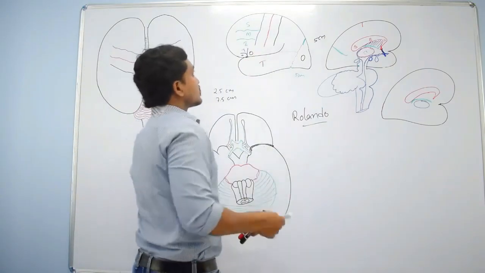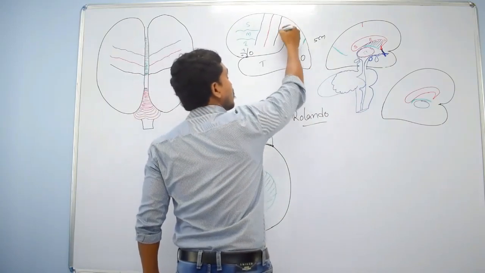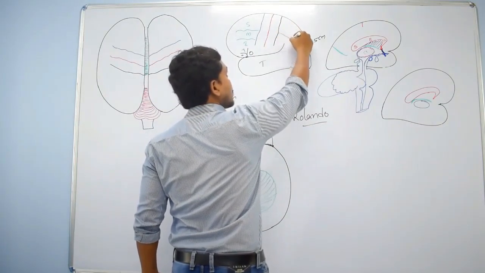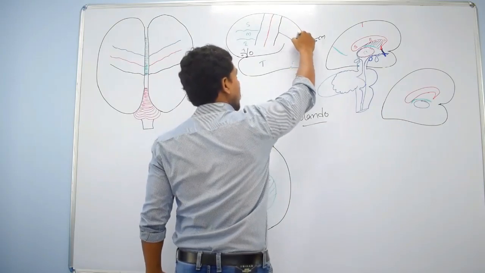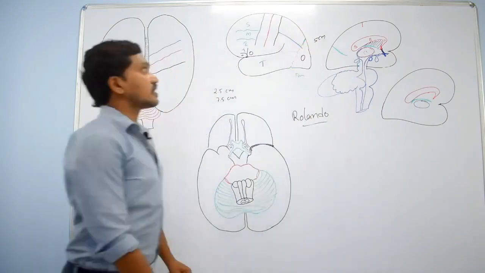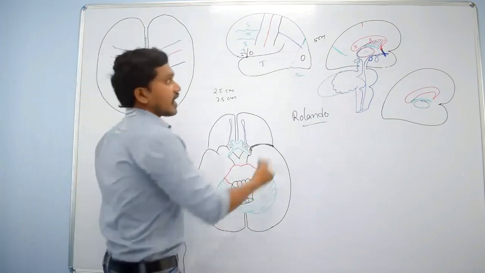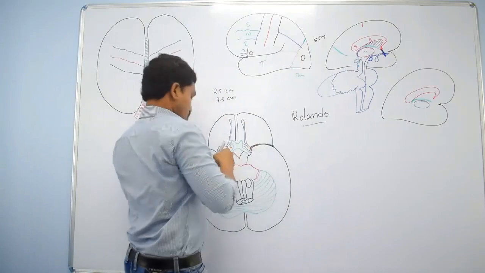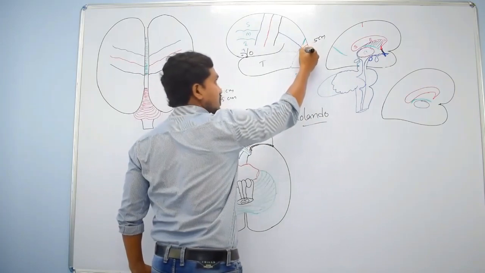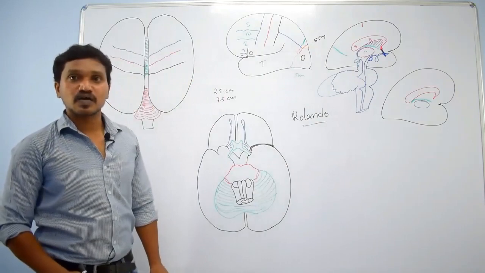Then one sulcus which is extending from middle of the post-central sulcus. It runs backwards and enters into occipital territory. Occipital territory means occipital lobe, and unites with one sulcus named as transverse occipital sulcus. Transverse occipital sulcus.